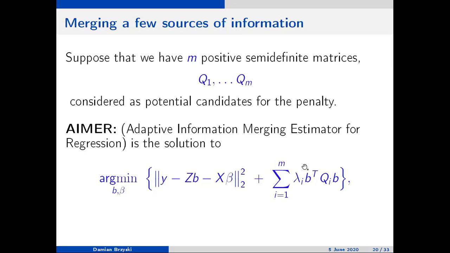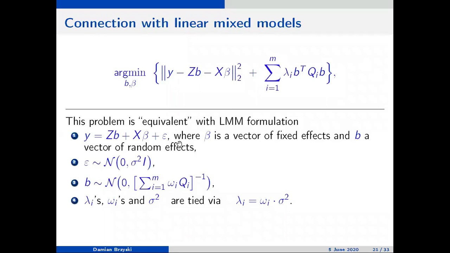But it turns out that you can do that using exactly the same idea as before, because you can also find the equivalent linear mixed model formulation. And this time you have a more complex variance covariance matrix where you have m parameters. But once you estimate those parameters and once you estimate the sigma square from the epsilon here, you can once again define your lambdas, your optimal lambdas based on those estimated parameters.